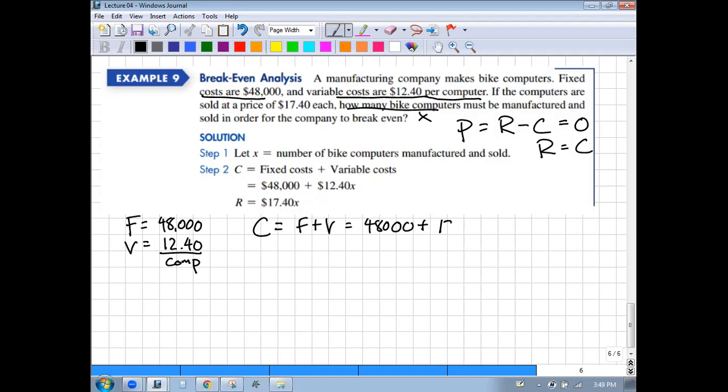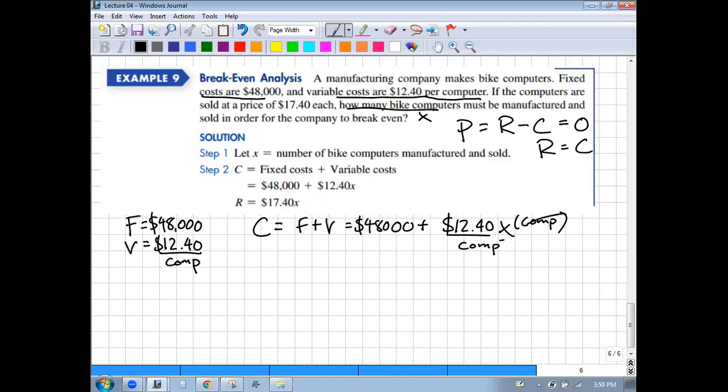So it's going to be $12.40 times X, the number of computers. I'm going to throw these dollar signs in here. $12.40 per computer, and then X is computers. X has units of computers.